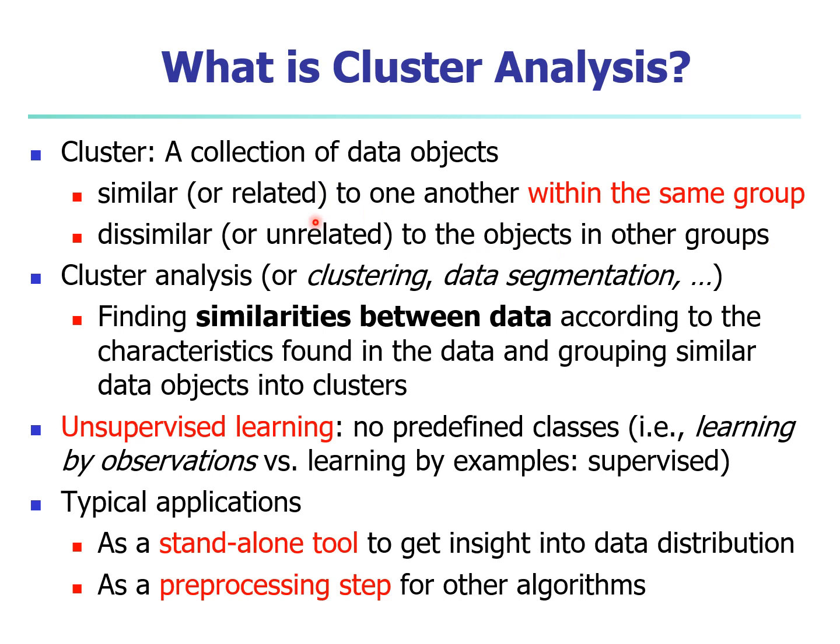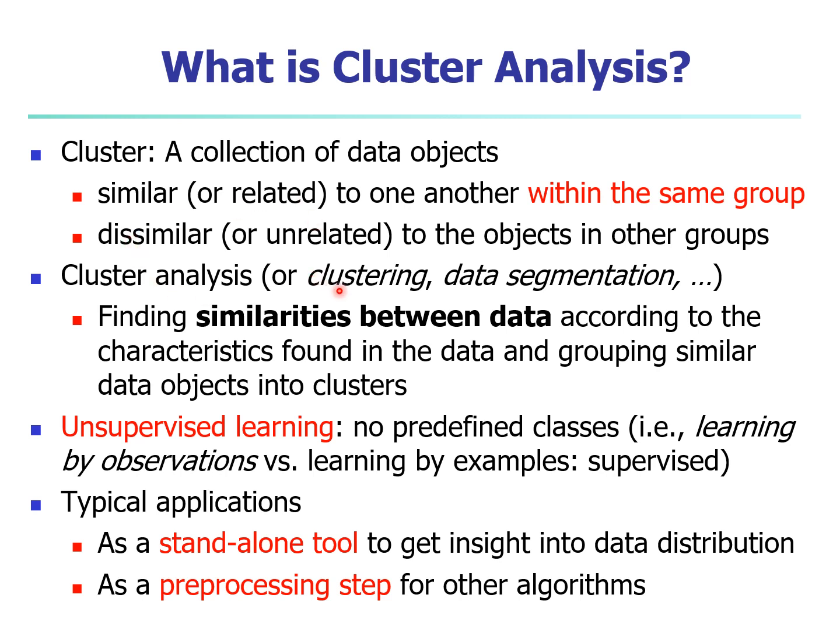So to have a cluster, it means that we have a group of objects that are similar between themselves, and they are different or dissimilar from objects in other groups. That's why they do not belong to the same group with the other objects in other groups.